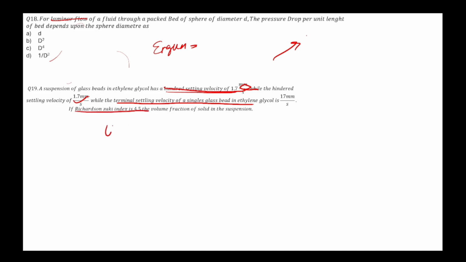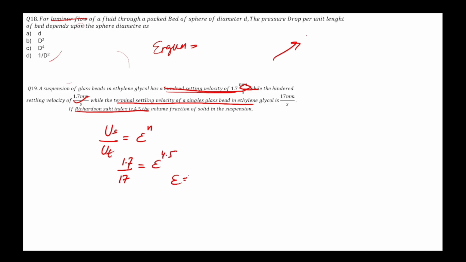So we know that u settling upon u terminal is equal to e to the power n. U settling is the hindered settling velocity 1.7 and terminal velocity is 17. Both are in mm per second, so the units cancel out, e to the power 4.5.